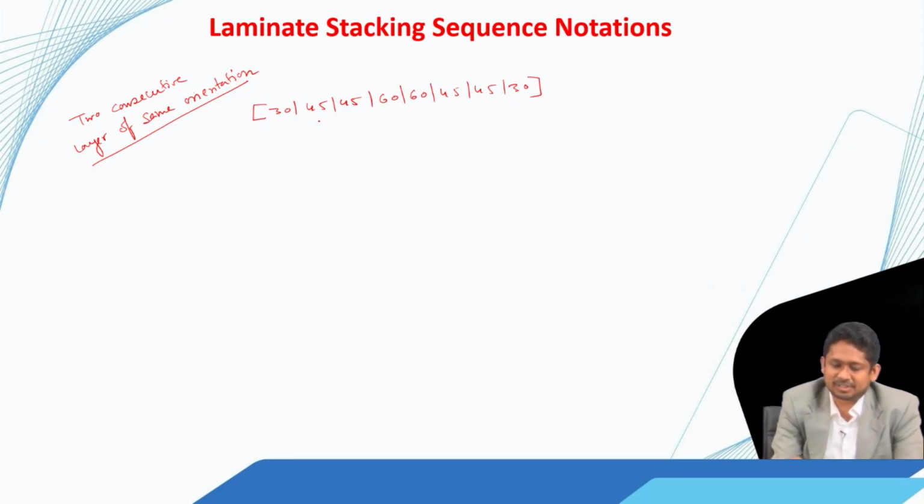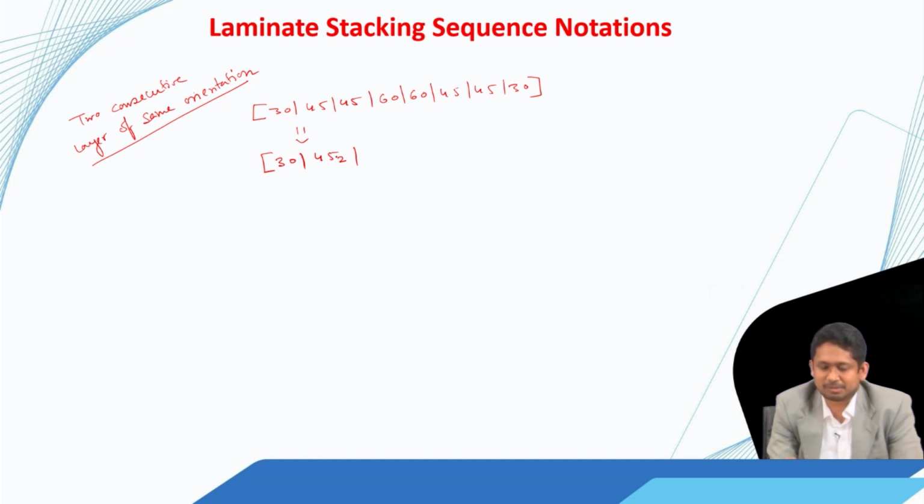In this case, we just put a subscript to denote how many layers are there in consecutive positions. So, this can be written as 30, 45 with a subscript 2, that means there are 2 layers with 45, then 60 subscript 2 and then 45 subscript 2 and then 30. And again we can see that there are two 60s, and with respect to the junction between them, this laminate is symmetric. So, this can be further reduced to 30, 45 subscript 2, 60 subscript 2 and then S.